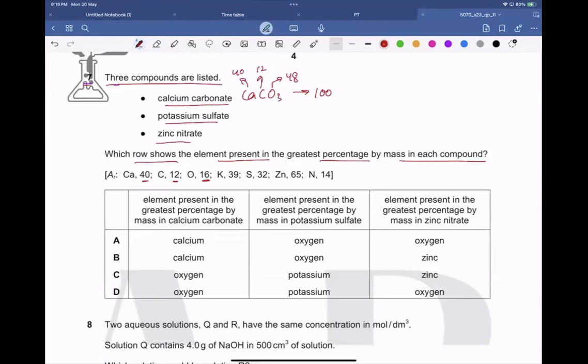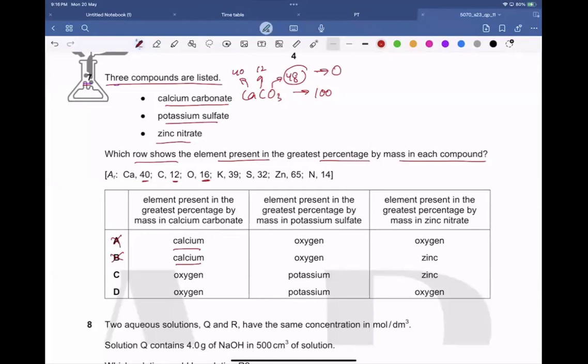So oxygen is the one in the greatest percentage because it is 48 grams out of 100 grams. That makes these two wrong because they said calcium is in the greatest percentage. Now we are left with C and D.